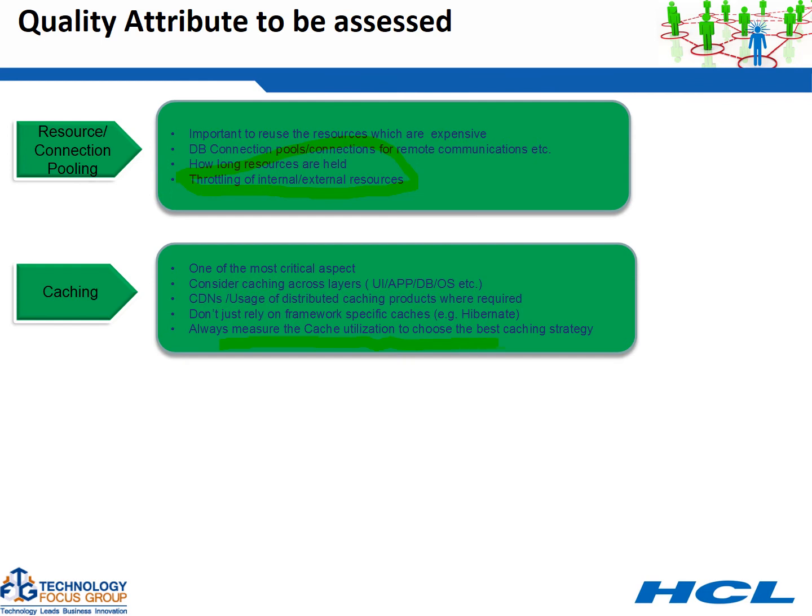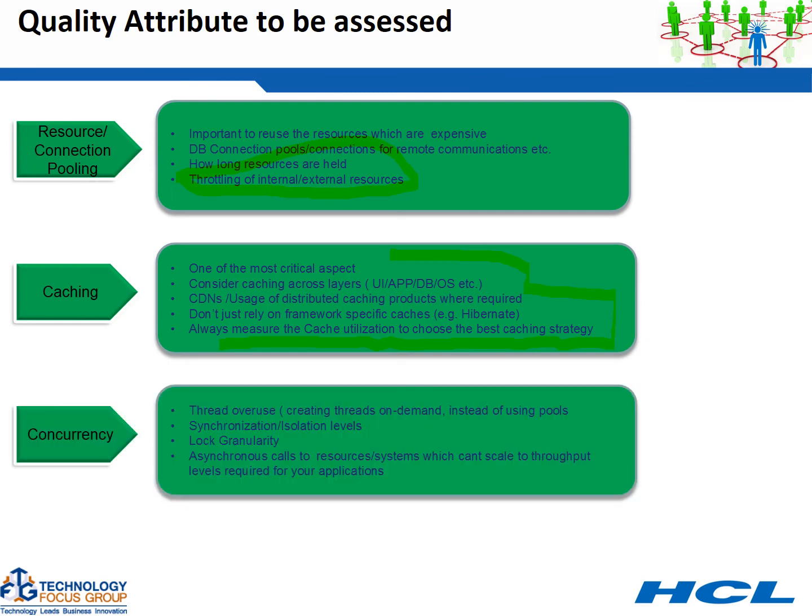So even if you are using framework caching, or for that matter any caching products or facilities, make sure you always measure the cache utilizations, etc., and see what is the best possible caching strategy. So simply by using one of those distributed caching products, or maybe even a CDN, you have to see the utilization, how your cache is effectively being utilized, so that you know whether it's working or not.